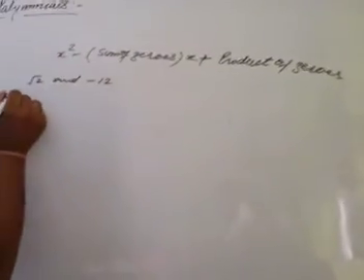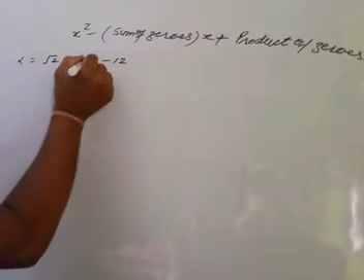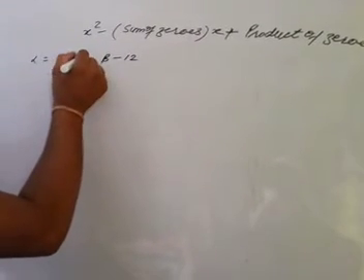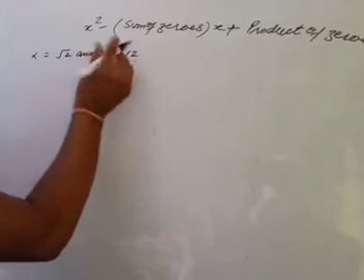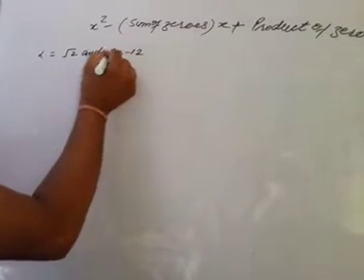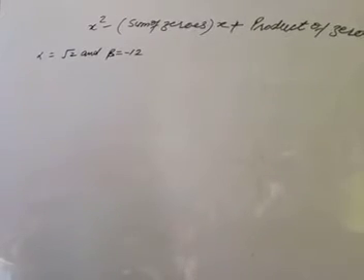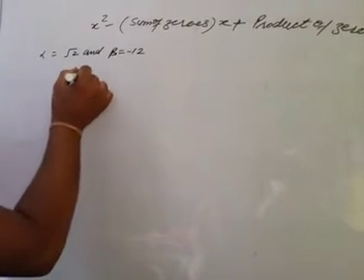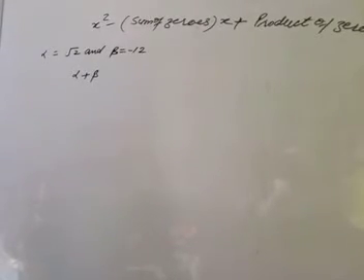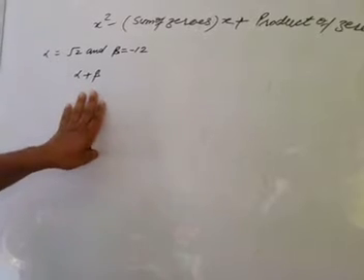So first of all, let alpha be equal to root 2 and beta be equal to minus 12. Then, because for finding the quadratic polynomial we need the sum of the zeros and the product of the zeros, here we will find the sum of the zeros.